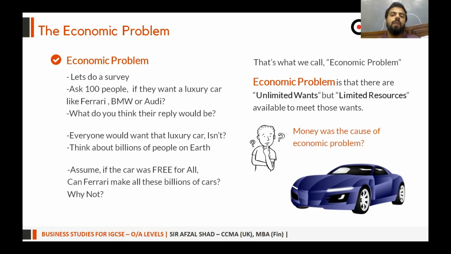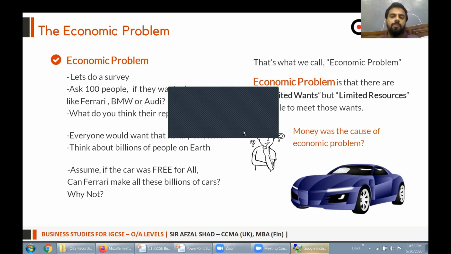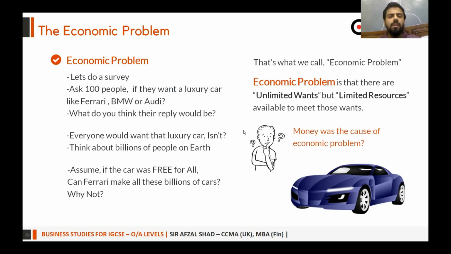That's why they can't buy these cars. The answer is wrong. The problem is not the money. The problem is the limited resources. The limited resource is the actual cause of the economic problem. Got it? So economic problem is unlimited wants of the people and limited resources available to the people, to the company specifically.